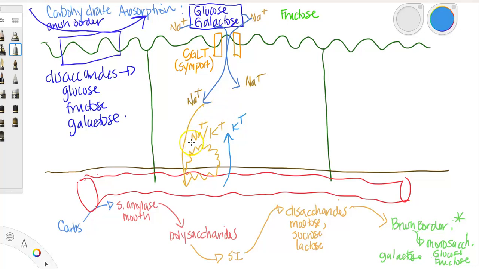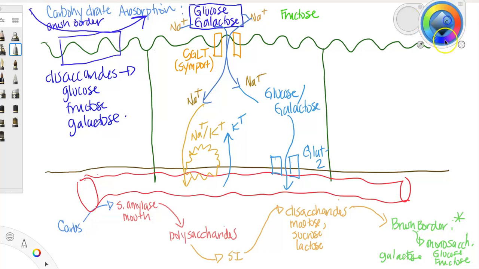So the sodium comes in, but it's gotten rid of because of the sodium potassium pump. So sodium is coming in and coming out, helping glucose and galactose come in. Also on the other side of the membrane is another transporter called GLUT2. And GLUT2 brings glucose and galactose into the blood.